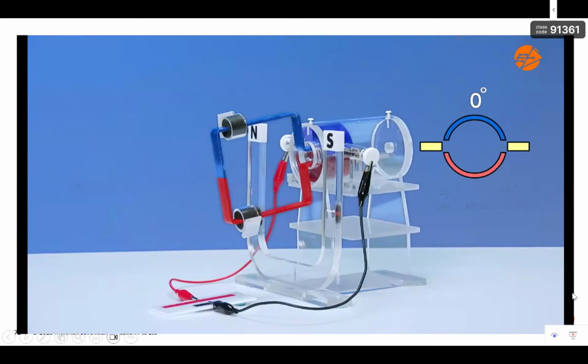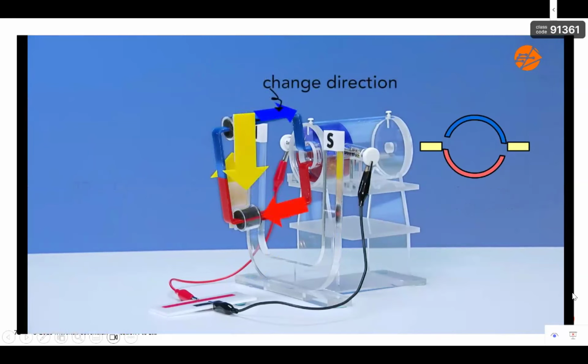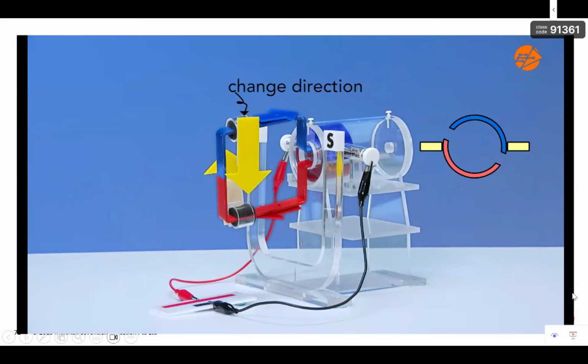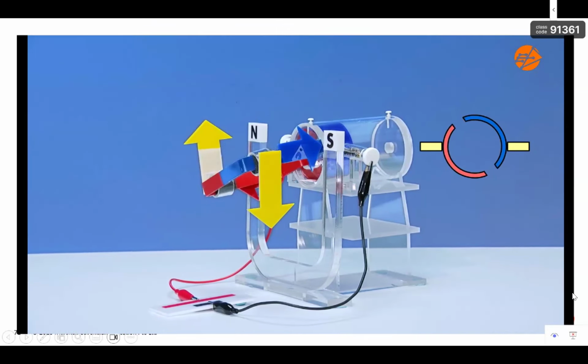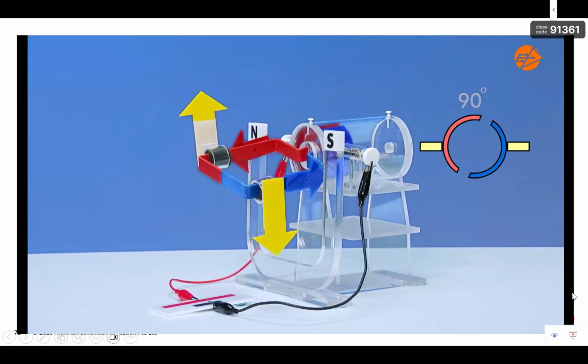However, the momentum causes the coil to continue its motion. As either half of the split ring crosses over to the other carbon brush, current passes through it again. Note that the current changes direction, and consequently, the magnetic forces also change directions. Once again, the forces create a clockwise moment, allowing the coil to turn in the same direction as before.